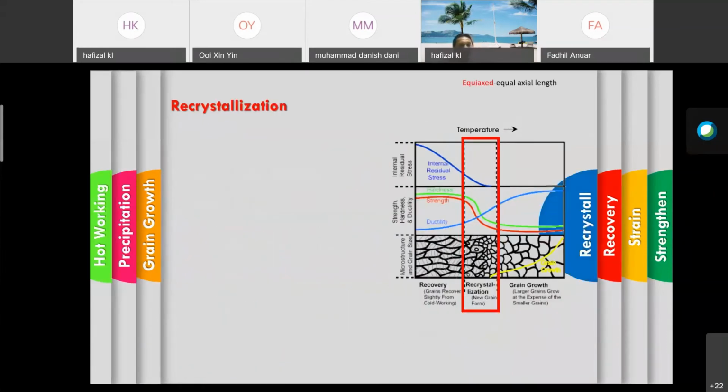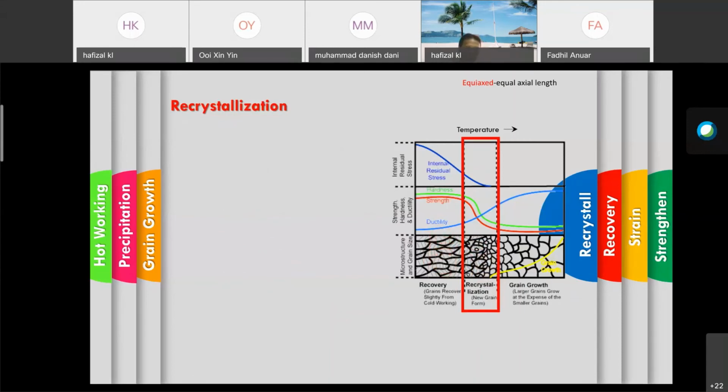And then at a certain temperature, recrystallization takes place. We can see the grain boundary is something like this compared to the previous one. As you can see, small grains take place in the initial grain boundary here.